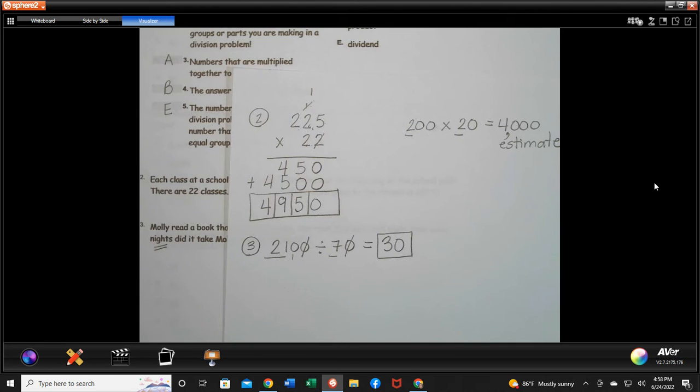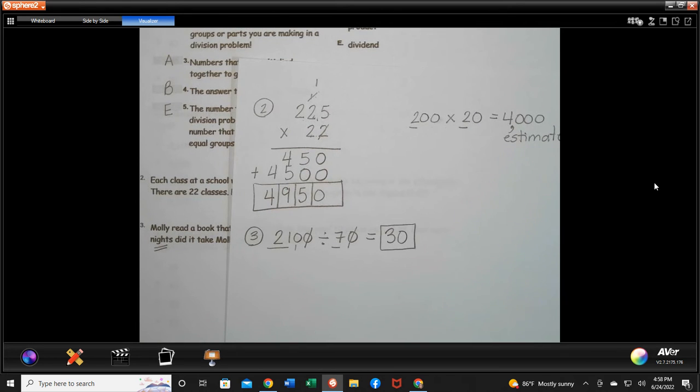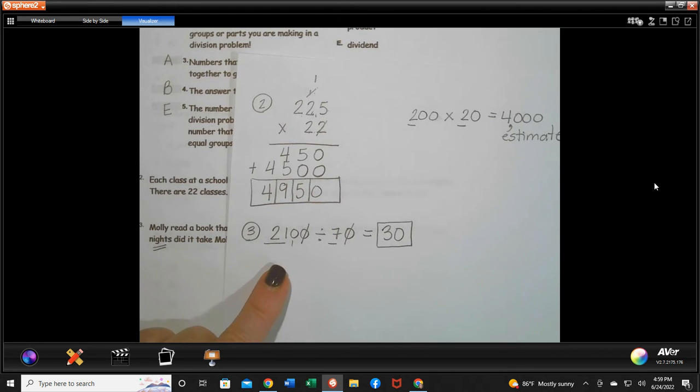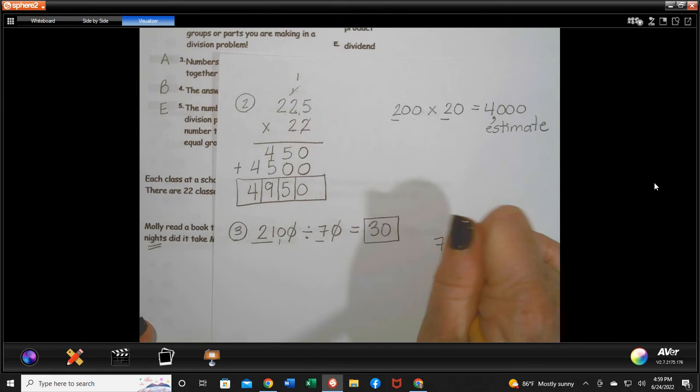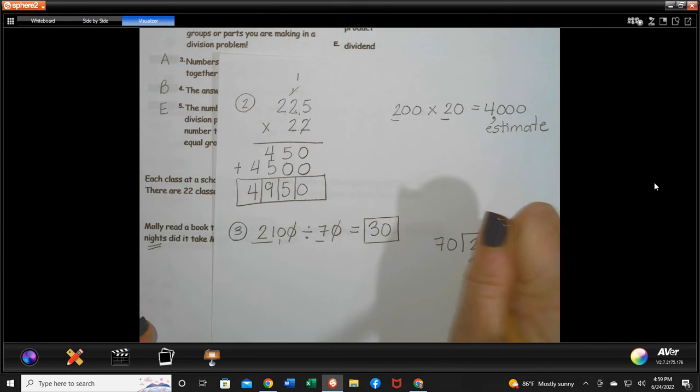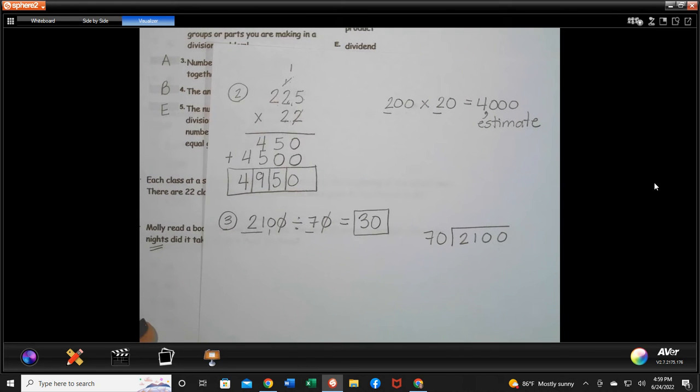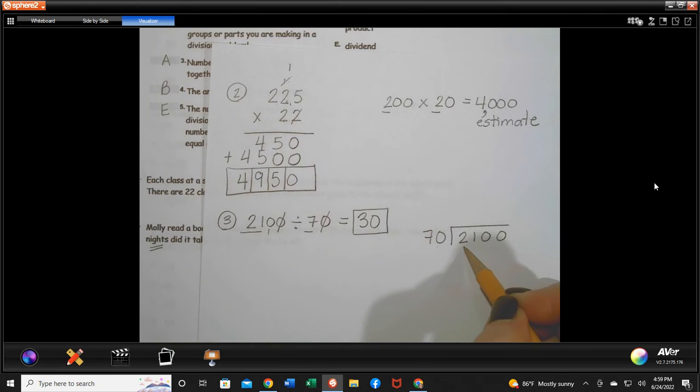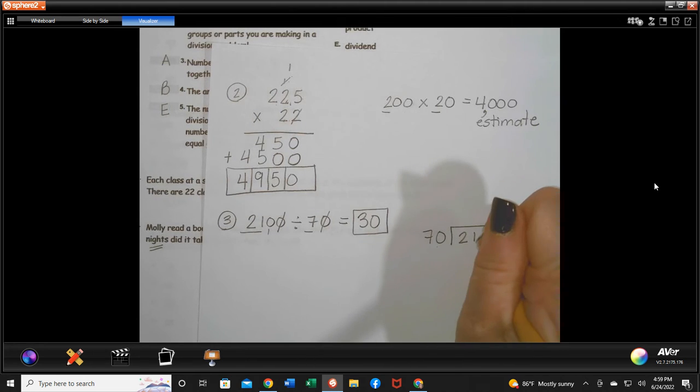All right. Any of you that are skipping this part, the estimating with your math work, are really causing yourself to have some missed problems that you could probably catch with the reasonableness of your answer, or the unreasonableness of it. You're also, in this case, going to end up doing more work, because if you didn't get an estimate, then you were having to do this, right? 70 doesn't divide into 2, it doesn't divide into 21, but it will go into 210.